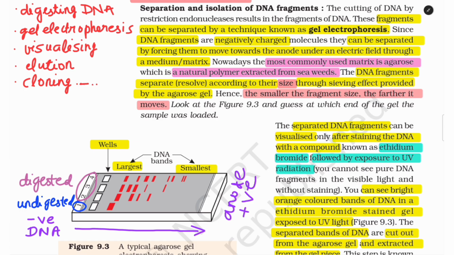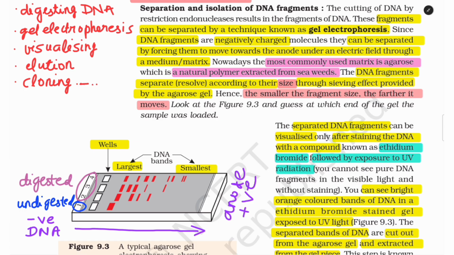Nowadays, the most commonly used matrix is agarose, which is a natural polymer extracted from seaweeds. The DNA fragments separate or resolve according to their size through sieving effect provided by the agarose gel.